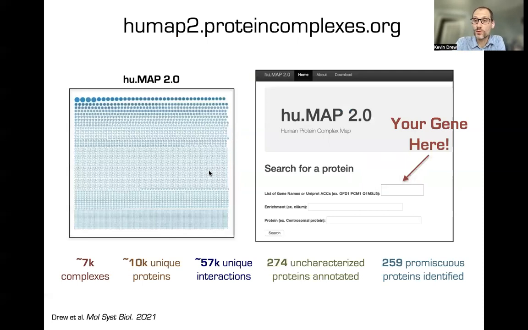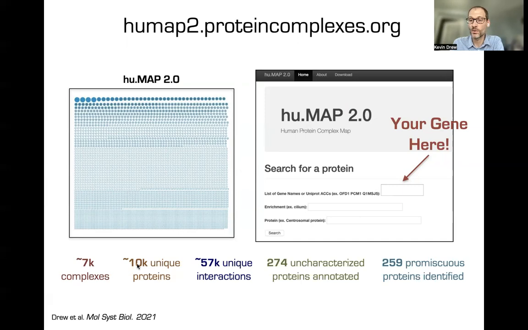We want this to be a resource for the community to use, so we've built a website called hu.MAP2.proteincomplexes.org, and you can search your gene of interest to see what it's physically associated with. Here on the left is a Cytoscape view of all 7,000 protein complexes we've generated.